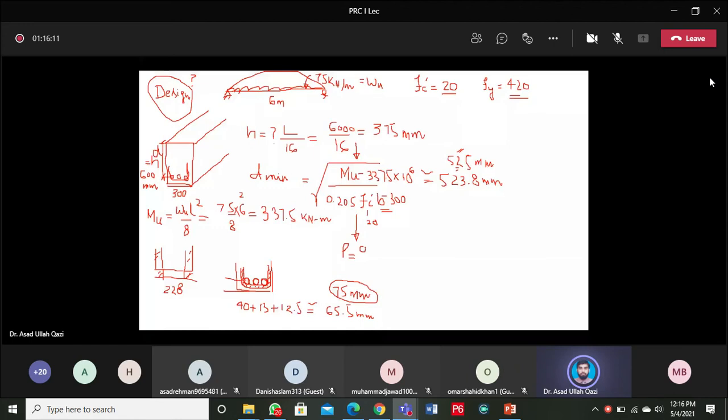So I am following this rho equation which we have derived few minutes ago. I have discussed this equation. I am putting it in this form, and I suggest you to keep this equation in mind if you want to become a good designer.